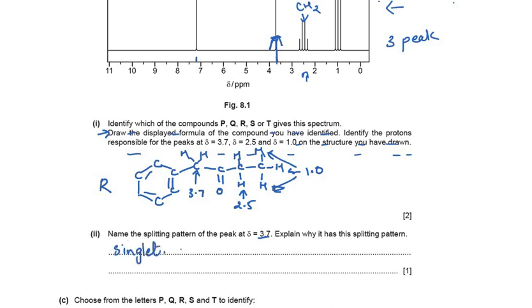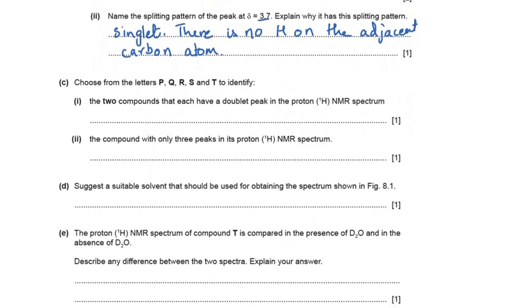And this is because there is no hydrogen or no proton on the adjacent carbon atom. So the splitting of this proton will be a singlet. So this is the reason. Let's go ahead with the next C sub question.